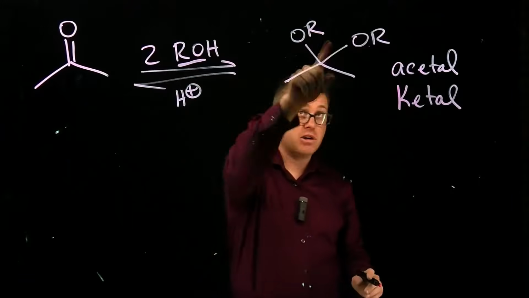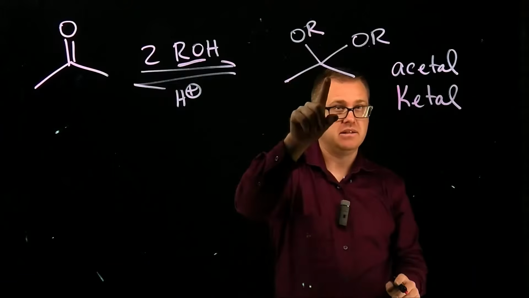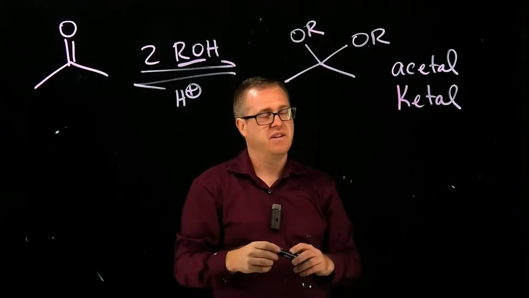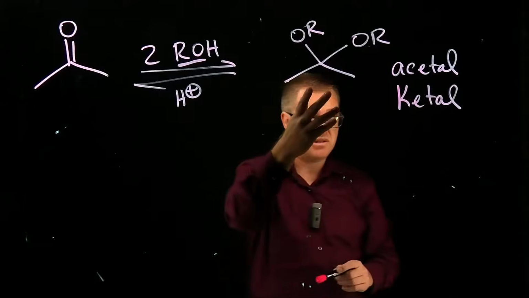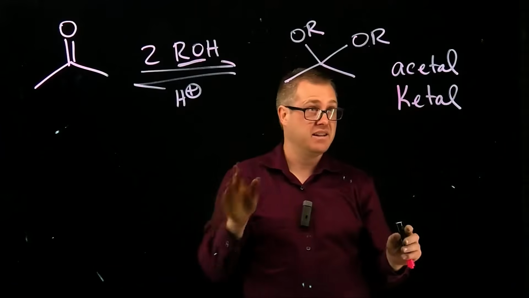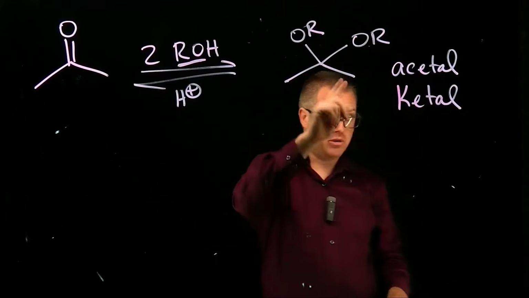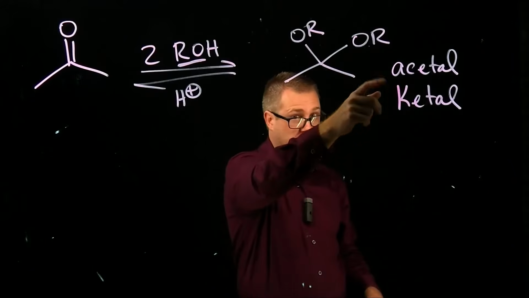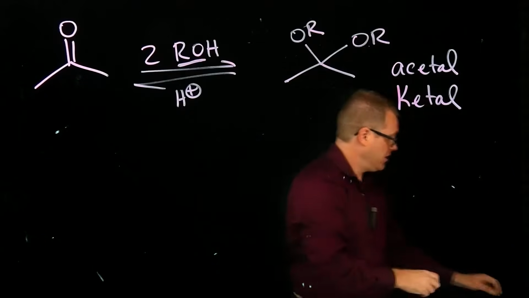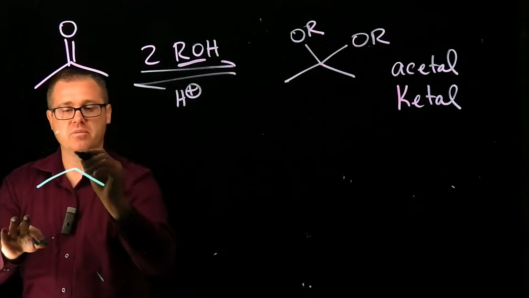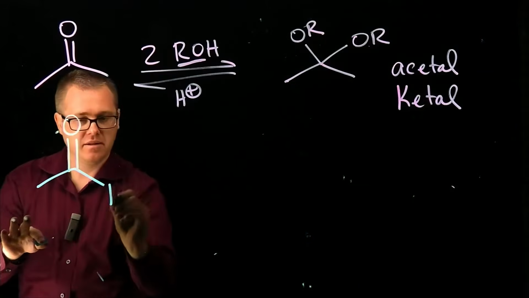Your textbook will call this an acetal. And that's just, I think, just a tradition of how people refer to these compounds. But technically, it is not an acetal. It is a ketal. But your book will use it interchangeably, okay? So what would an actual acetal look like? Well, you can probably already guess what's going to happen.